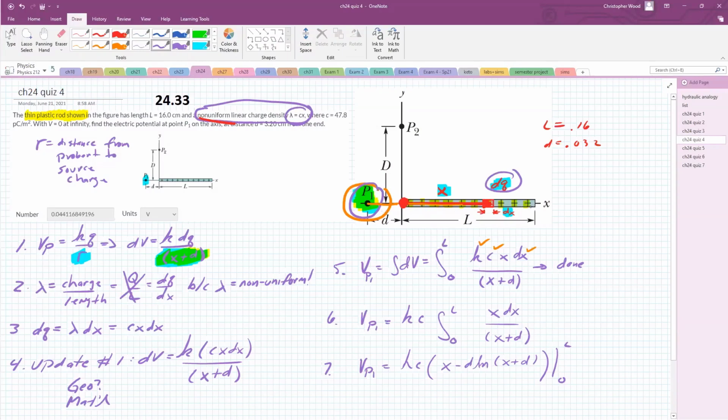So I basically just need to capture this length of the rod. If I do that, I don't need to go from L plus D to D, because this D here already does that. So that's my thought process. So let's see. L minus little d.